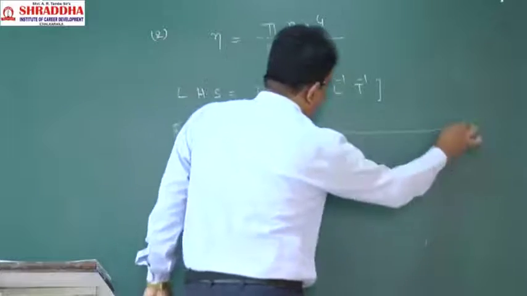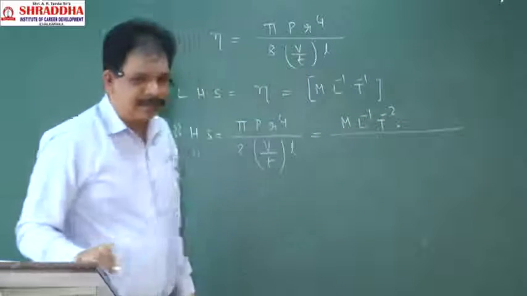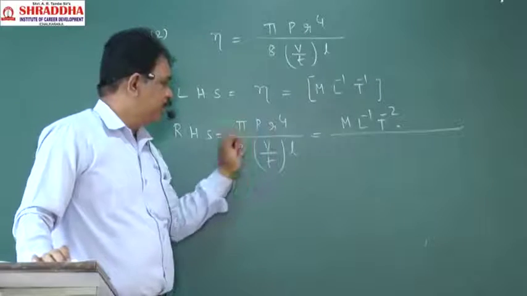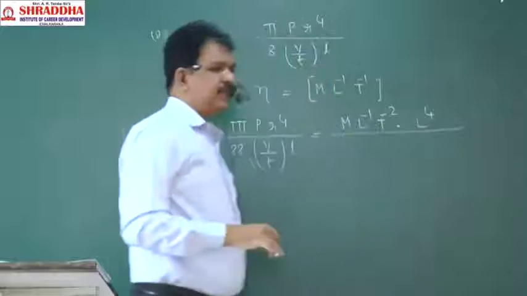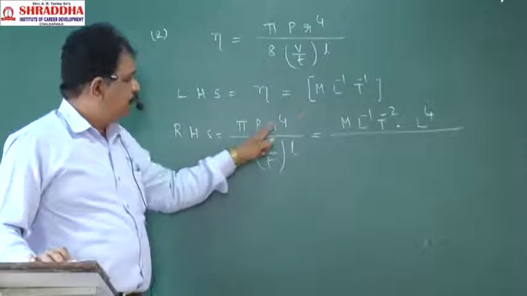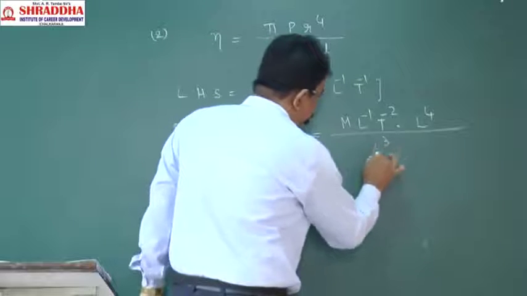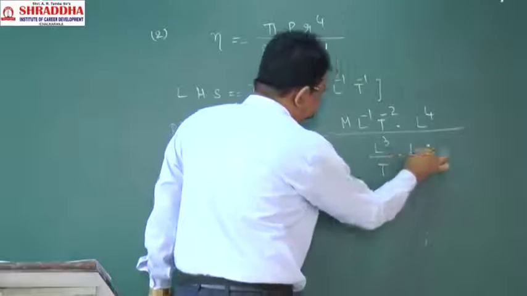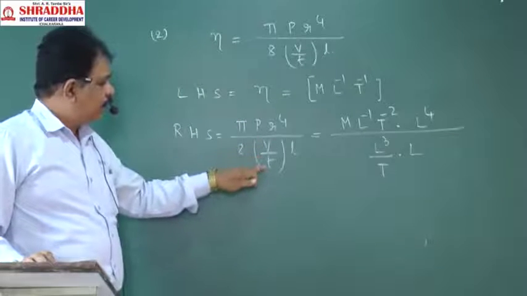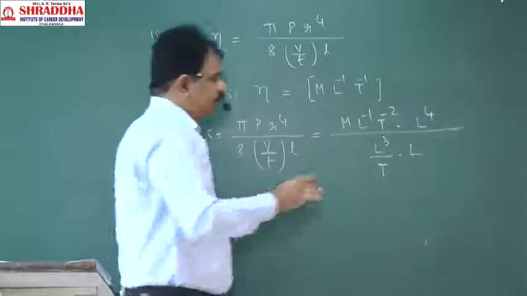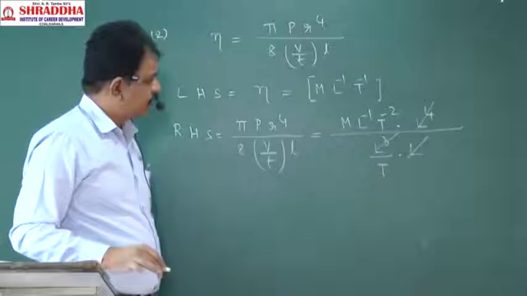P is the pressure. Pressure dimensional formula is M L power minus 1 T power minus 2. R dimensional formula is L, so R power 4 means L power 4. This is L cube, this is T, this is L. Okay? L cube by T into L. So L power 4 will cancel.